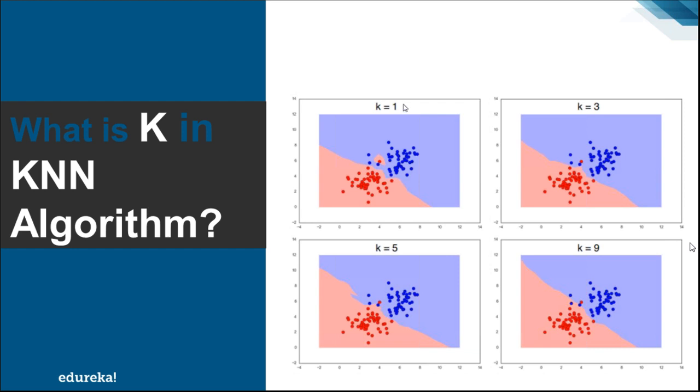In short, the K nearest neighbor algorithm works in such a way that, let's say you have a data set initially, and you want to predict the class for some data point. K refers to the nearest neighbors. For that data point, we will see which are its nearest neighbors. If K is equal to 3, let's say, then we will see the 3 nearest neighbors to that data point.